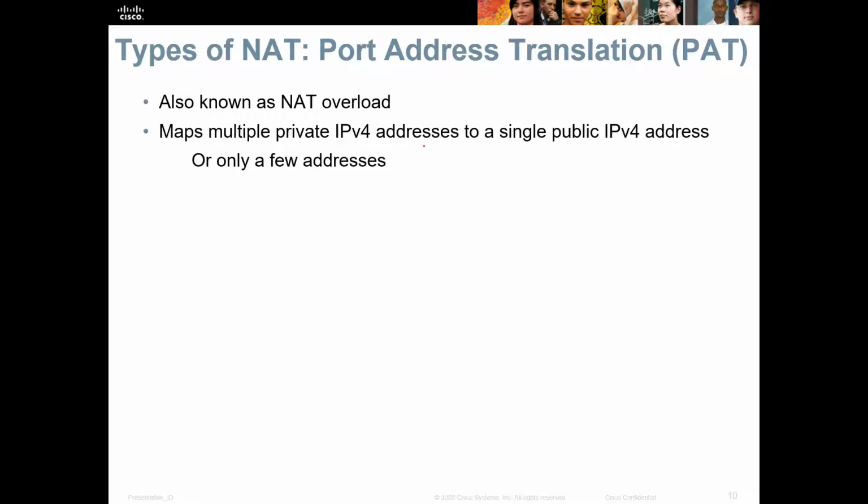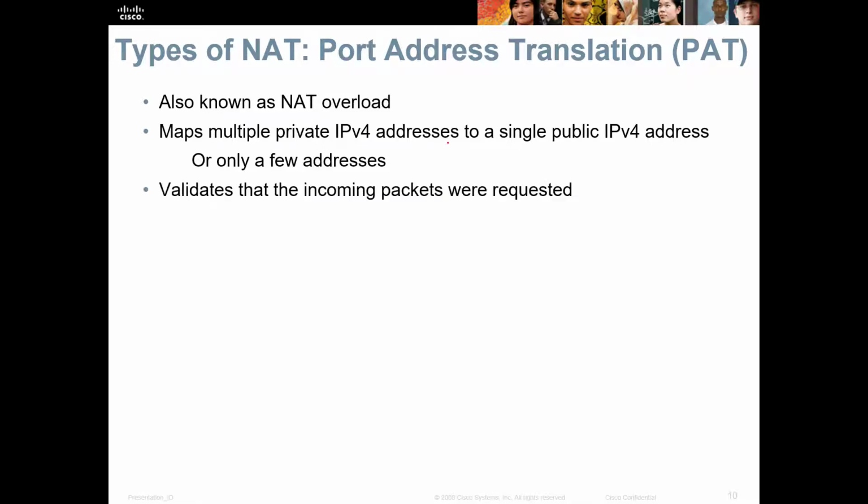So the only way you can do this is if somehow you add some tag or tidbit that says, I've got two private addresses and I only have one public address. I need a way to distinguish them. Okay?